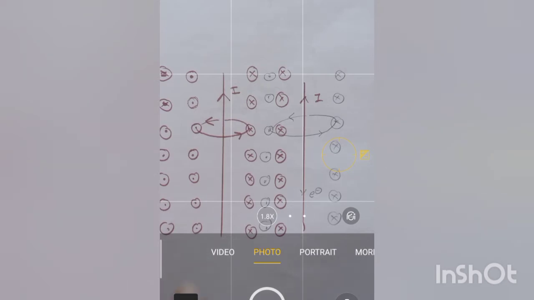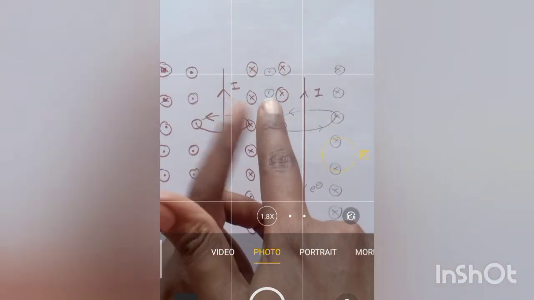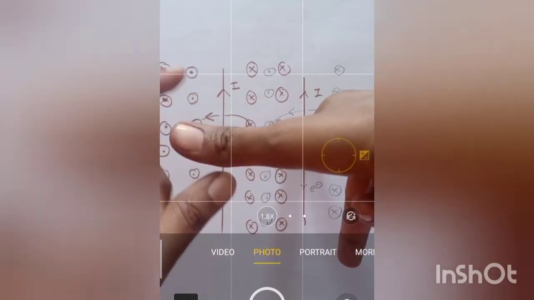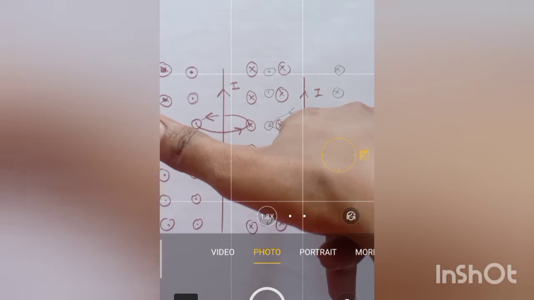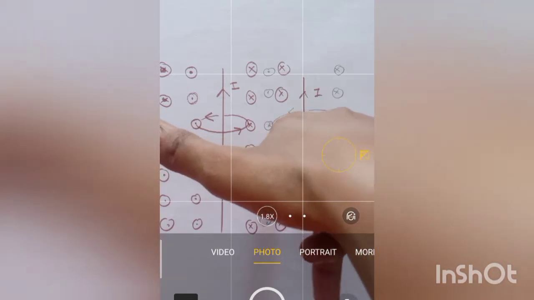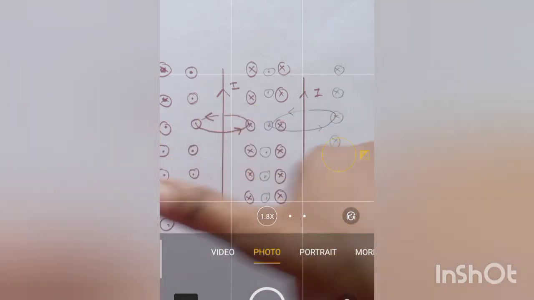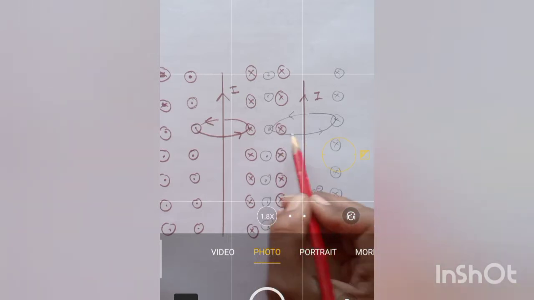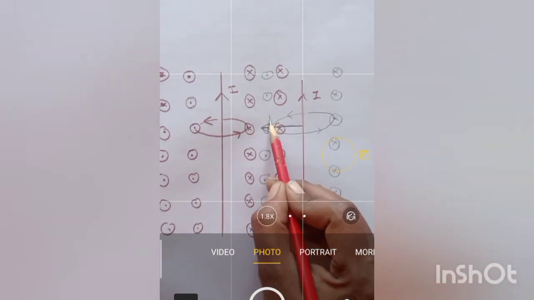This middle finger tells you the direction of electron, which is downward, and this forefinger tells you the direction of magnetic field. The thumb tells you the force experienced by the second wire toward the first wire. So this is the direction of force.